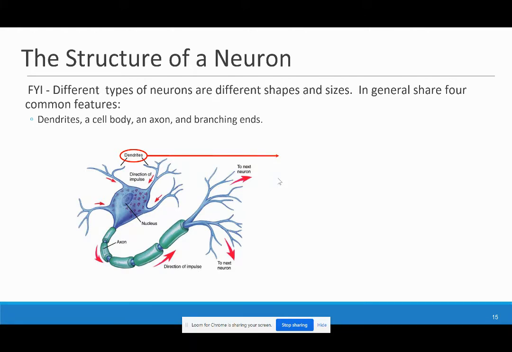So nerve impulses always flow in one direction through a neuron. We say unidirectional, it's like a unicycle, one wheel. And that is from the dendrites. You can see the red arrows there showing you the direction of the nerve impulse.